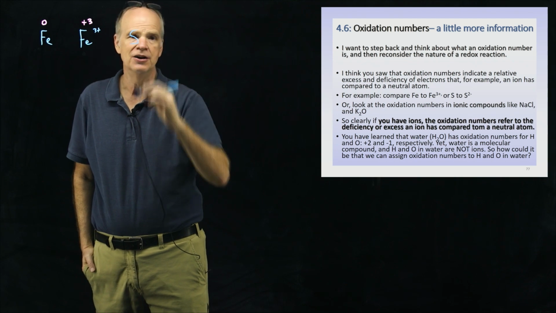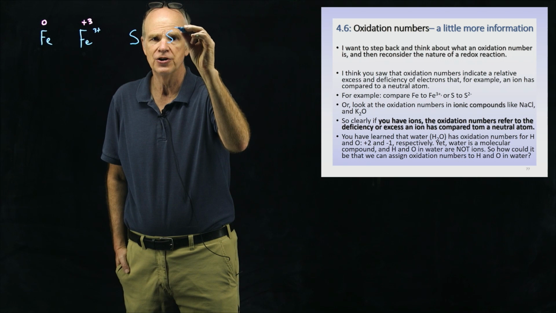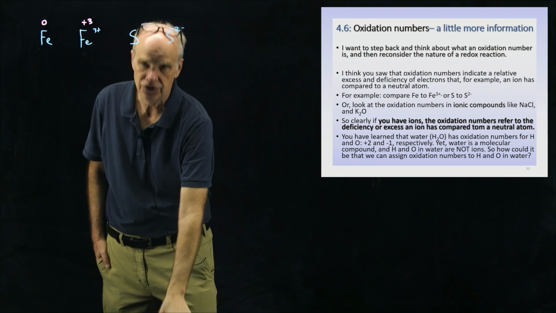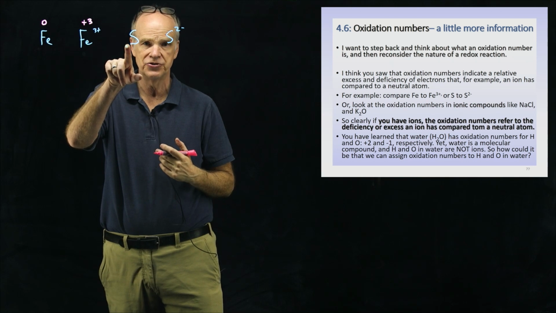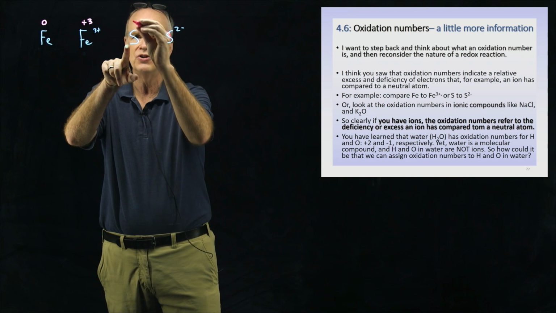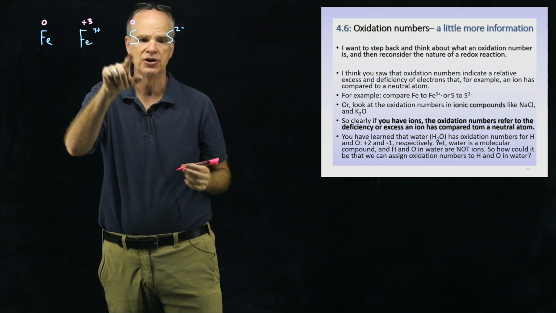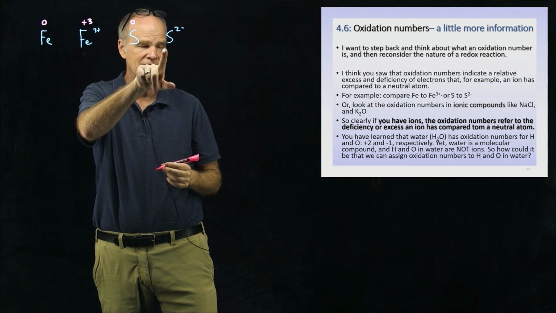Let's compare the neutral sulfur atom to the sulfur anion. The neutral sulfur atom will have as many electrons as protons and will be neutral, and therefore a free element that is neutral always has an oxidation number of 0. Now if you have the sulfide anion, what is that?